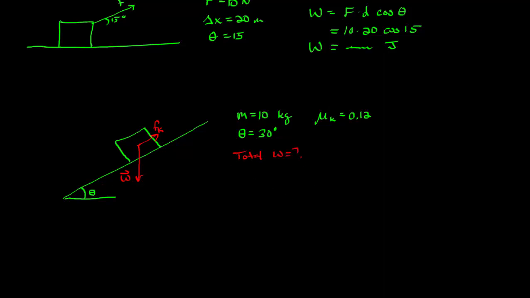To do this, we would say the total work is going to be the work of the weight. I don't want to put another W, so we'll call it work of gravity, W_g, plus the work of friction.